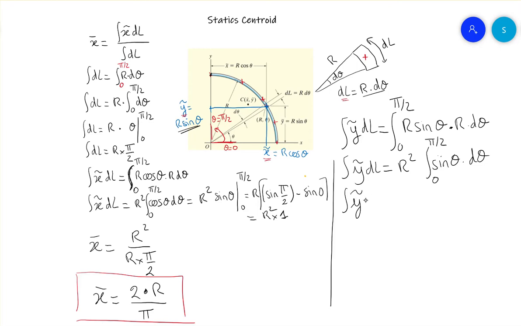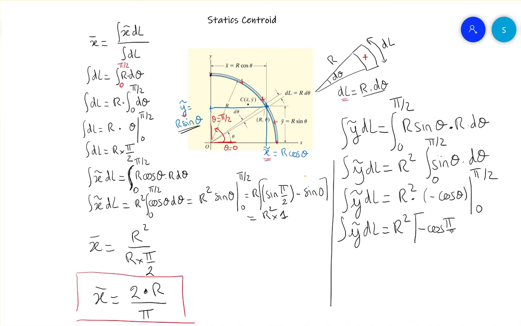The integral of sine theta is minus cosine theta, so it's r square times minus cosine theta from 0 to pi divided by 2. That is r square times minus cosine of pi divided by 2 minus cosine 0. Cosine pi divided by 2 is 0, and cosine 0 is 1, so minus minus 1 gives 1. So the integral of y tilde dl is equal to r square.